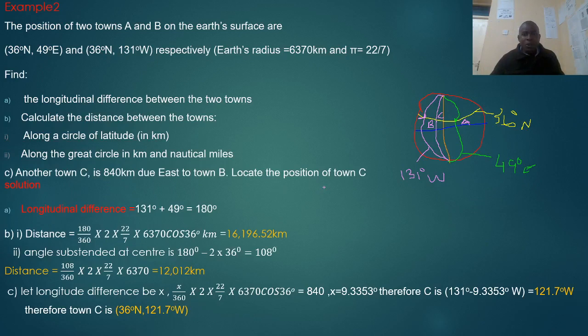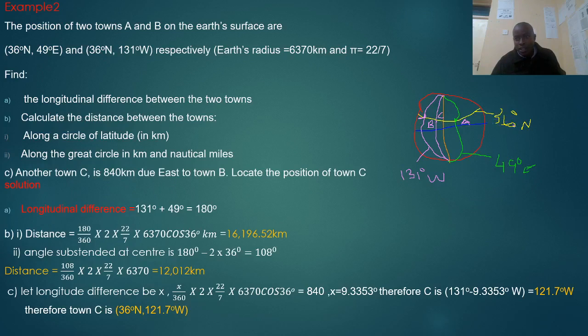Now, locate the position of C. We know it will be on latitude 36 degrees north, but the longitude we don't know. So we need the longitude difference. For you to calculate the distance from here to here, remember this is along the latitude, we use longitude difference all over 360 times 2 pi r times the cos of that 36 degrees, because it's on latitude.